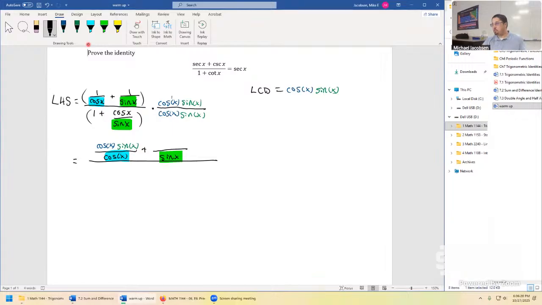But the numerator, when we're multiplying fractions, we can multiply numerators into numerators. It puts a cosine x, sine x into this numerator. Now we're multiplying the denominators into the denominators, but then we're using the distributive law at the same time. This becomes 1 times cosine x, sine x.